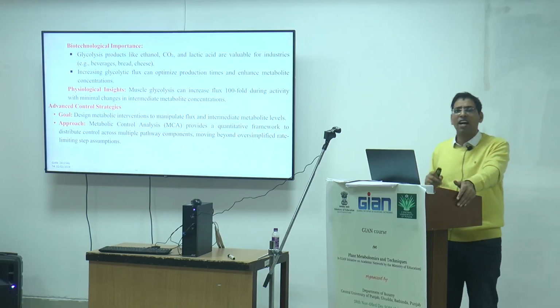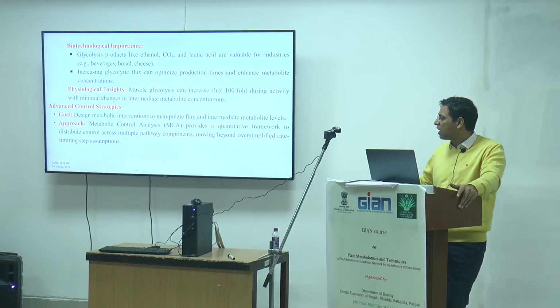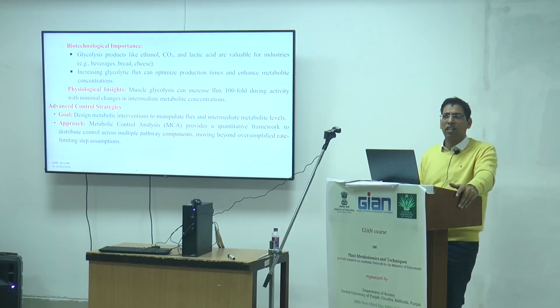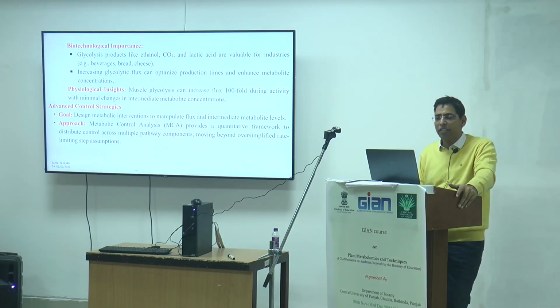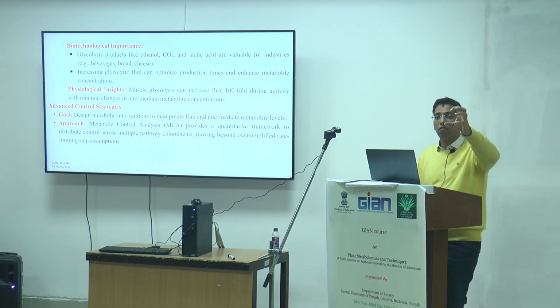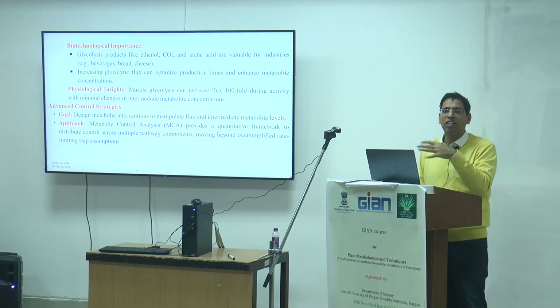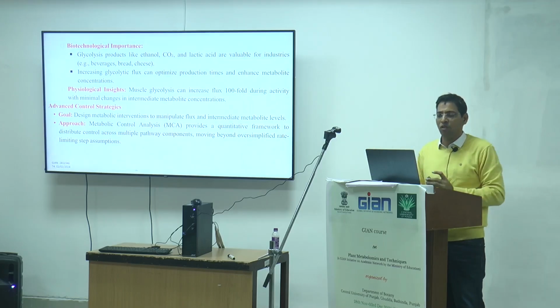Now, what are the advanced strategies which you can use in glycolysis? You have to design. So this is the target. If you are working on similar things, you can design a metabolic intervention to manipulate the flux and intermediate metabolic levels of a particular pathway in a particular plant. This way you can make the whole title of your work.